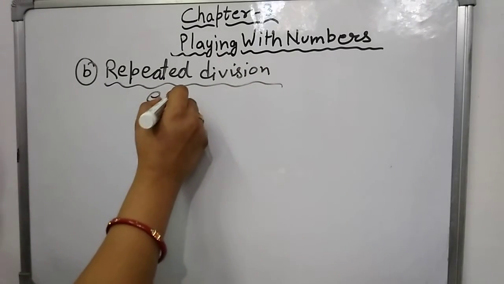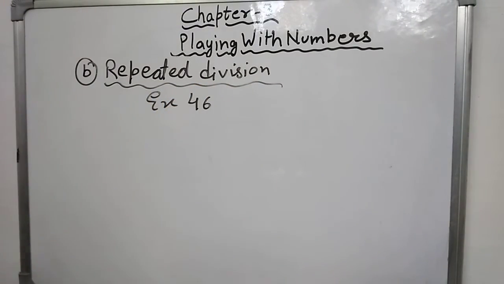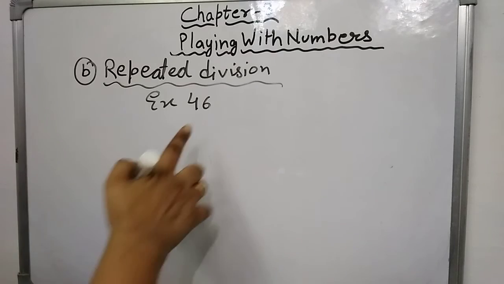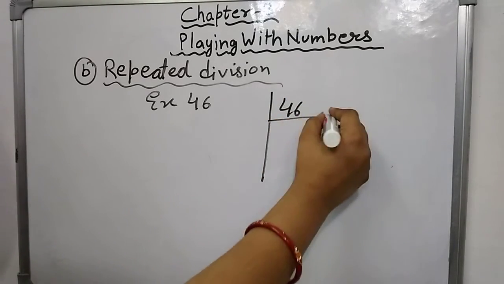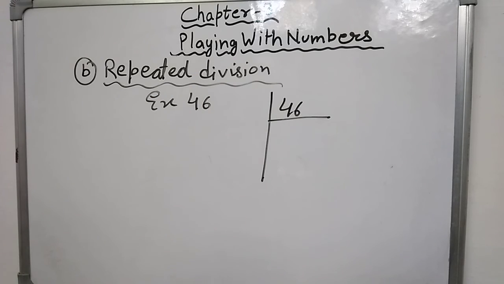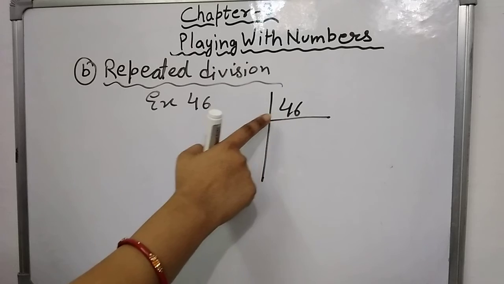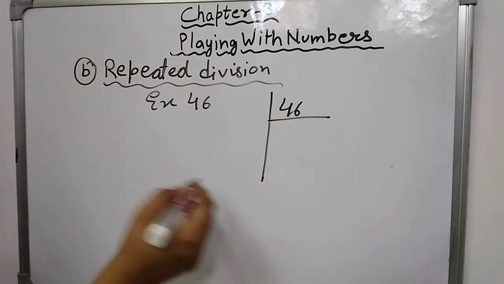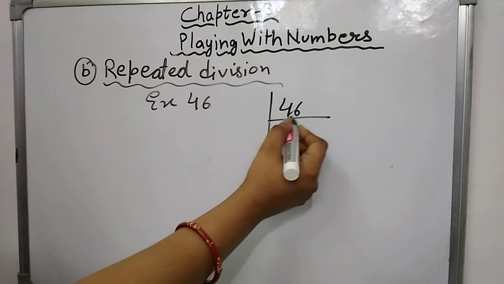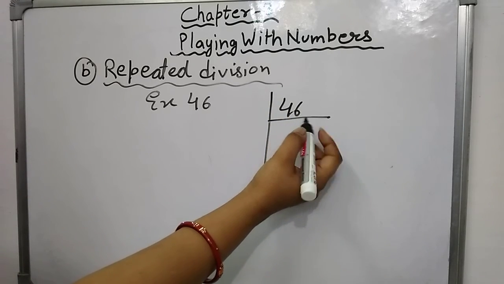For example, 46. Now we will divide this 46, and as we are finding prime factors of this number, we will start dividing this number with the smallest prime number, and the smallest prime number or prime factor is 2. So let's see whether it is divisible by 2 or not.